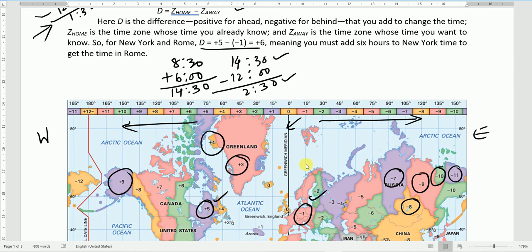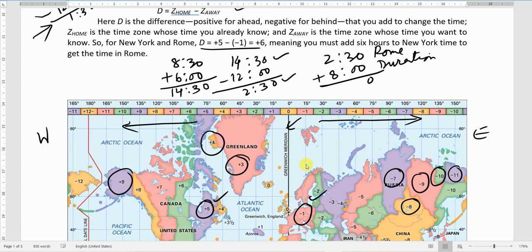So we have to add 8 hours to the Rome time. So the duration of journey is 8 hours.